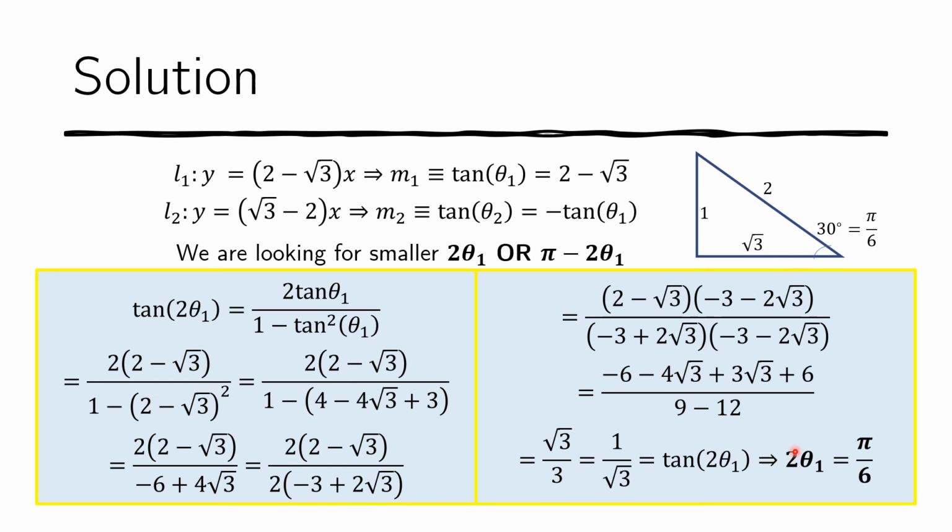And so we conclude that 2 theta sub 1 is equal to pi over 6. And we're looking for the smaller between this and this. So what is pi minus pi over 6? That's just 5 pi over 6. So this expression is 5 pi over 6, and that's bigger. And so what we're looking for is this one, pi over 6.